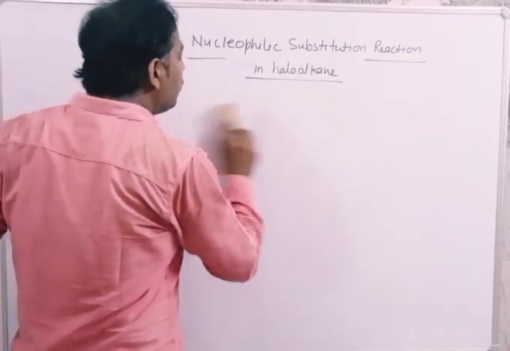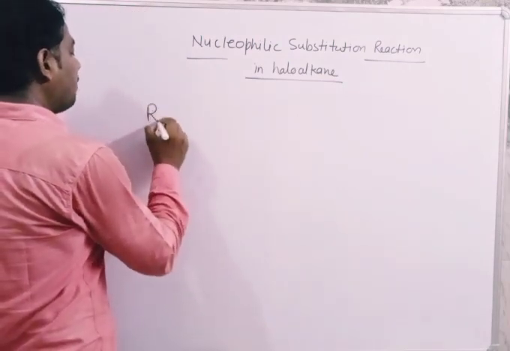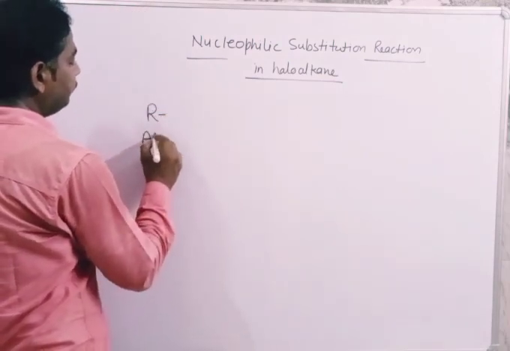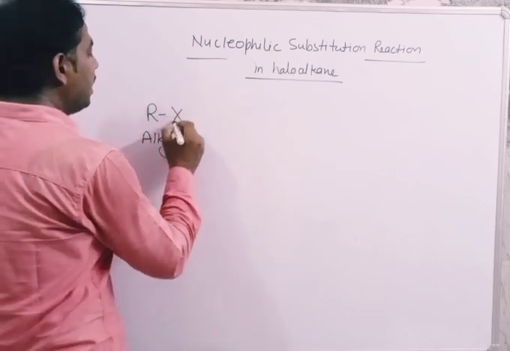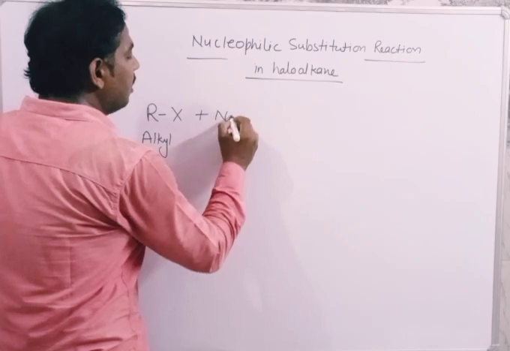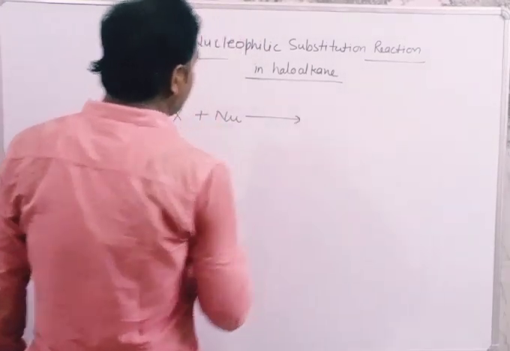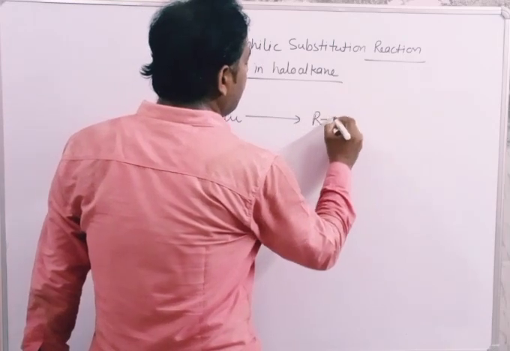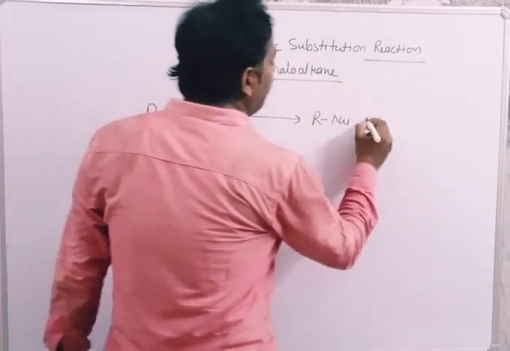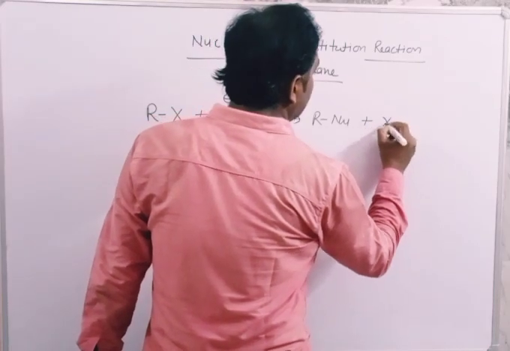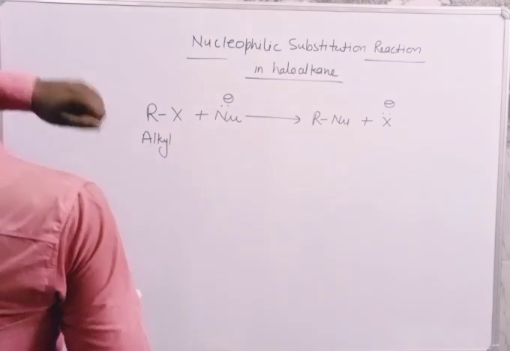Now we talk about nucleophilic substitution reaction in depth. R, meaning alkyl group or radical, attached with X, reacts with the nucleophile, then it produces R-Nu plus X minus. Is that clear?